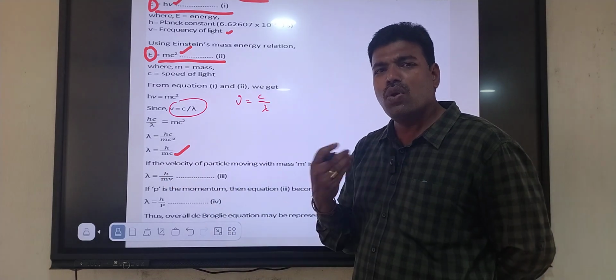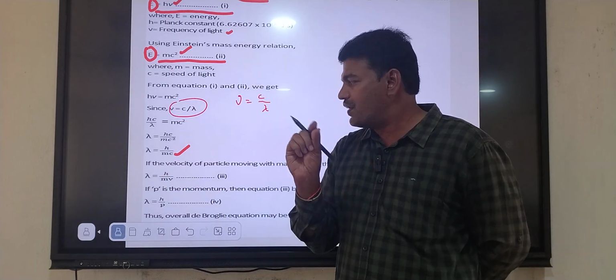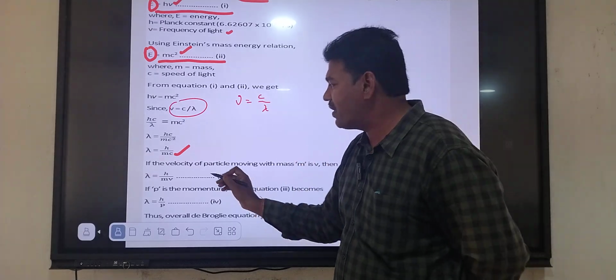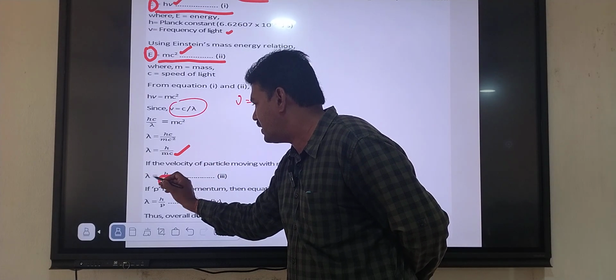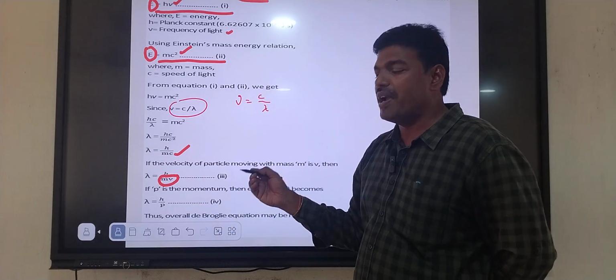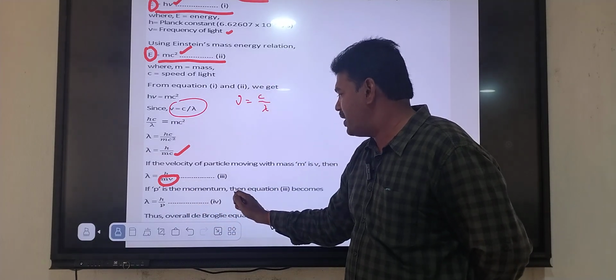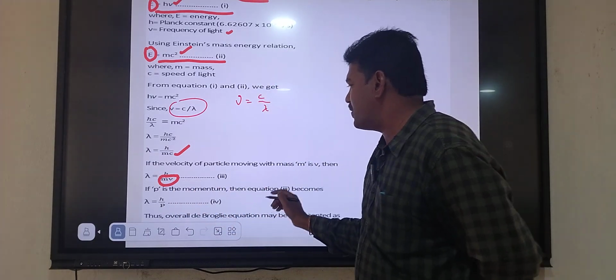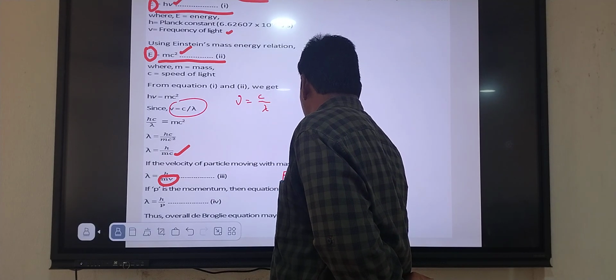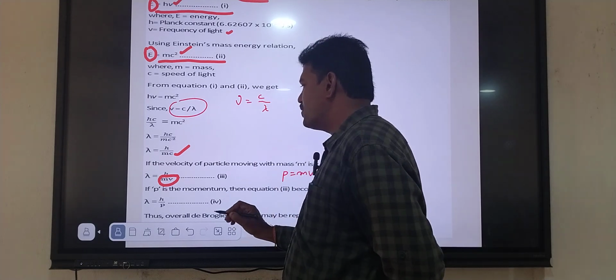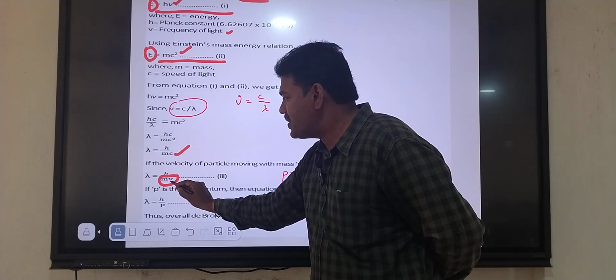We all know that mass into velocity gives momentum, where p is the momentum, p is equal to mass into velocity. So we can write p instead of mv.